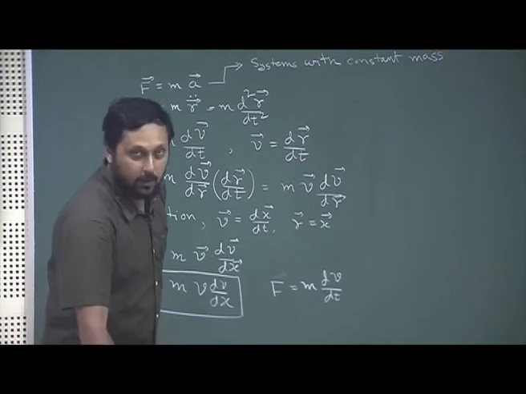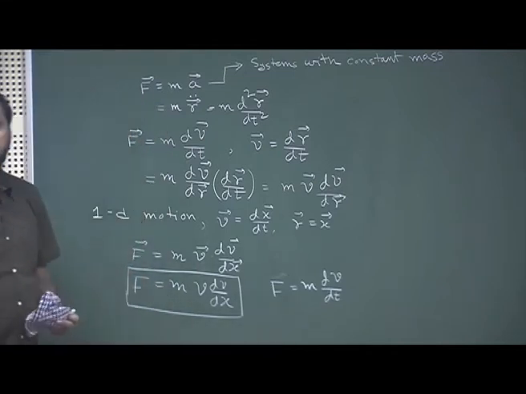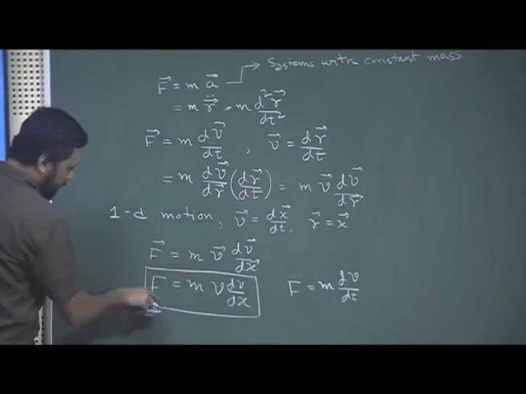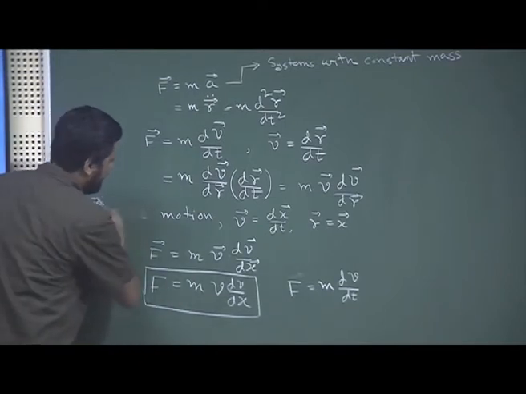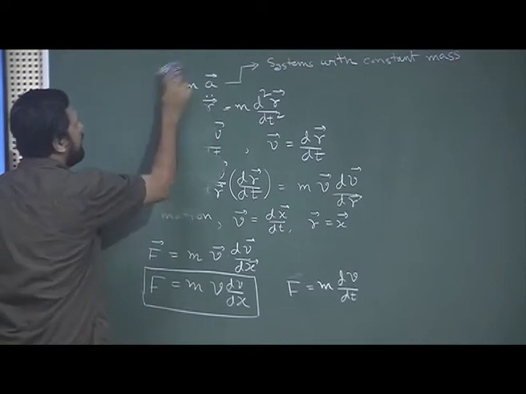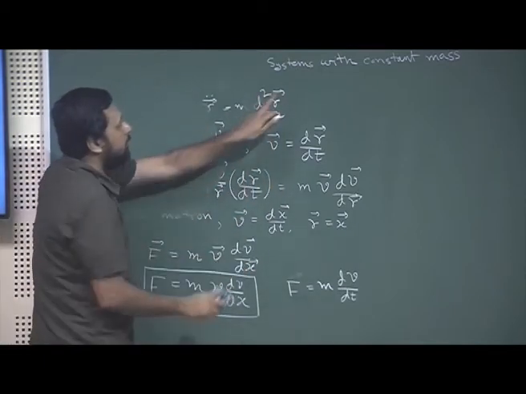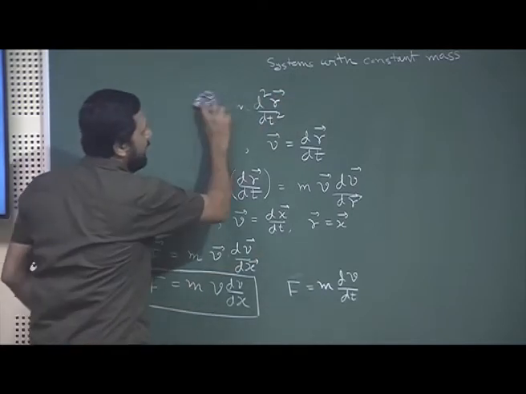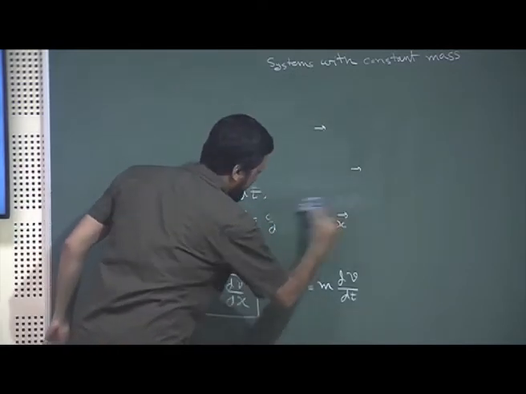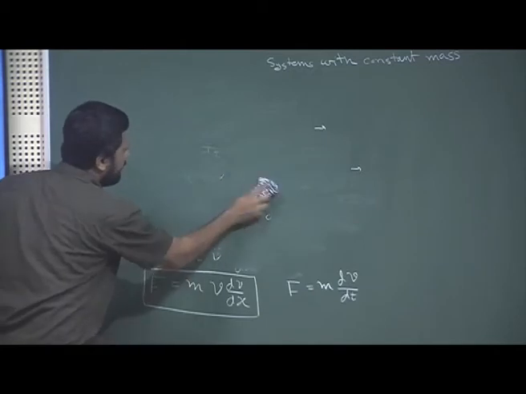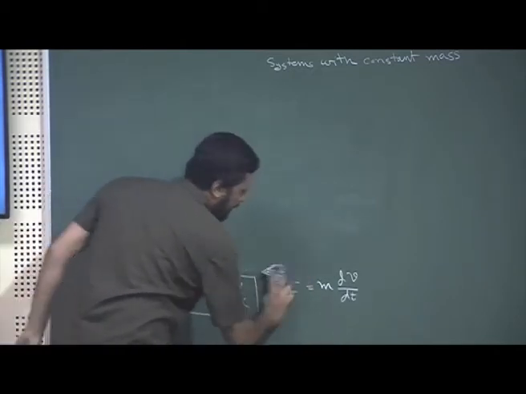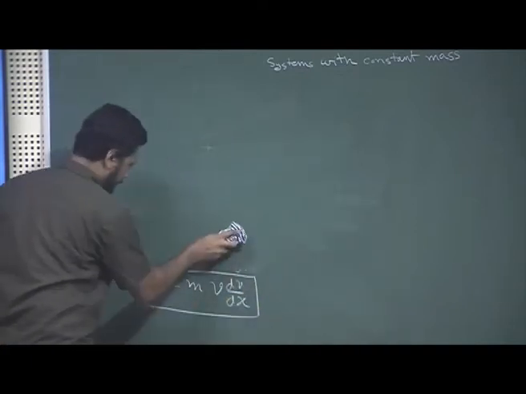Now, let us try to review some fundamentals of classical mechanics, Newtonian mechanics, by using this form. And please keep in mind that we will be using systems with constant mass. So, I will just leave this line here and not remove it. Okay.